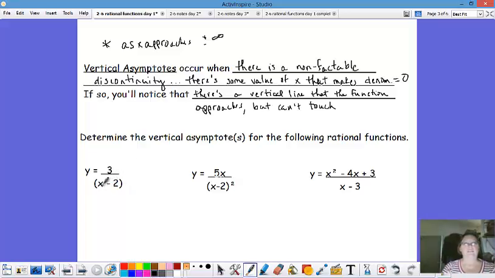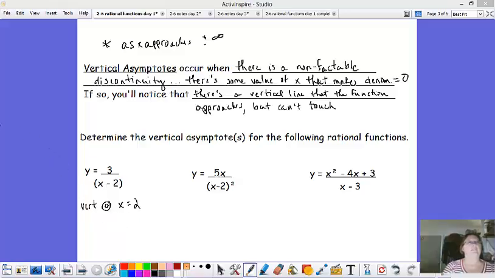So we are going to have a vertical asymptote, created by an x that will make that denominator 0. This is how I write that: there's a vertical asymptote at the line where x equals, what value will make this 0? Yep, 2. Where x equals 2, this will have a vertical line of avoidance.